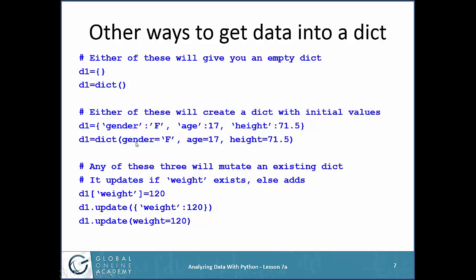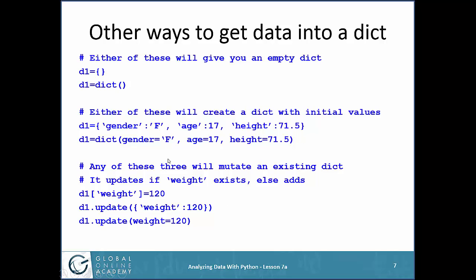When I do it this way, by passing it in using this class notation, I don't put the name in quotes, but it's going to create it as if gender were a string, as if age were a string, as if height were a string. But the values associated with gender, height, and age are, this one's a string, this one's an int, this one's a floating point. If this is confusing to you, go ahead and pause it, stare at these two lines. They do exactly the same thing.